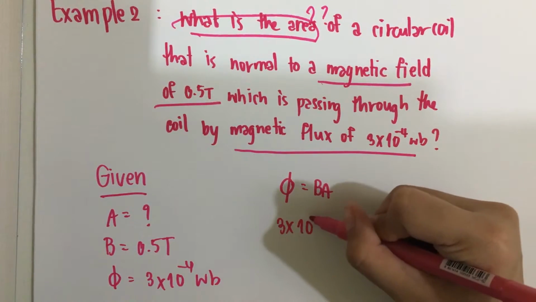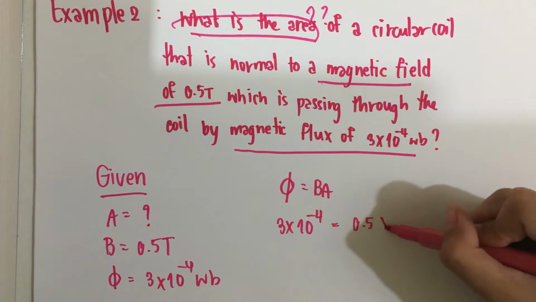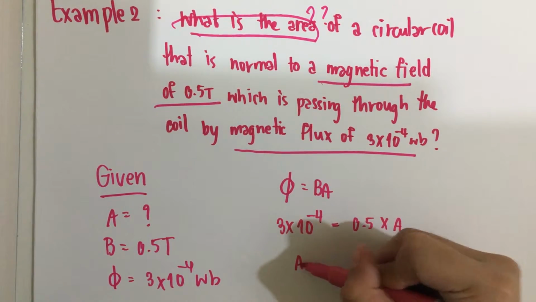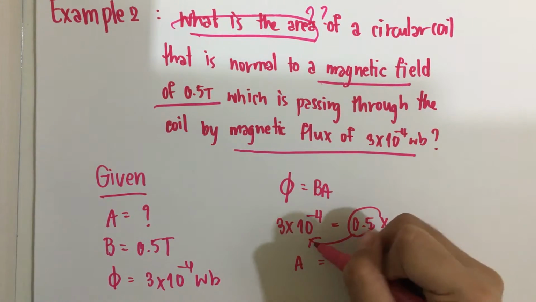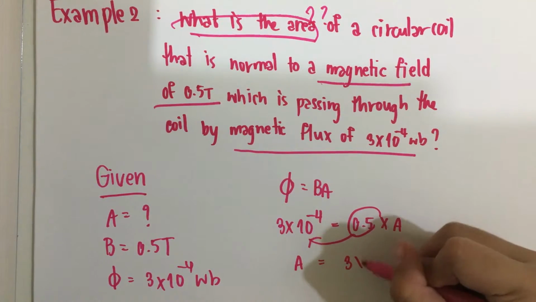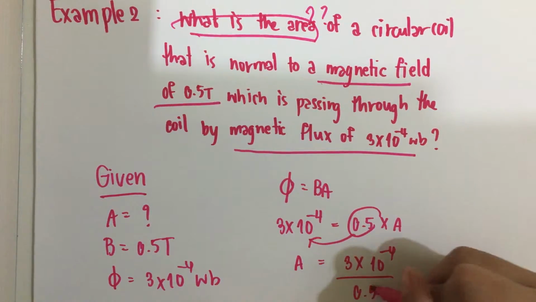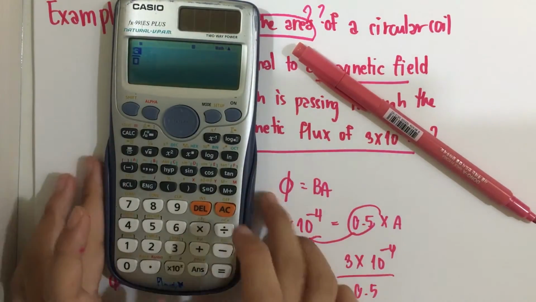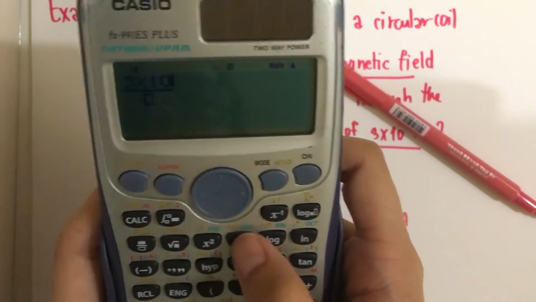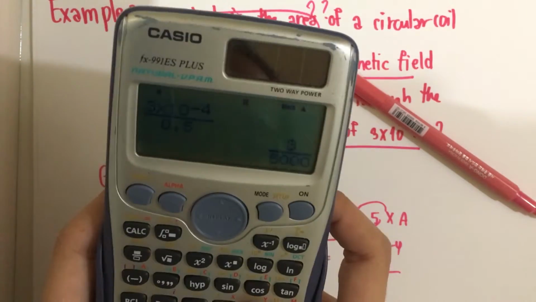3 times 10 to the power of negative 4 equals 0.5 times area. Move this to divide. So 3 times 10 to the power of negative 4 over 0.5 equals 3 times 10 to the power of negative 4 over 0.5.